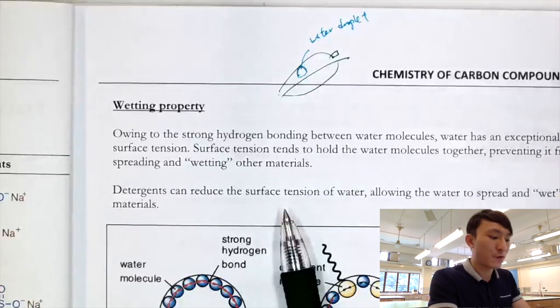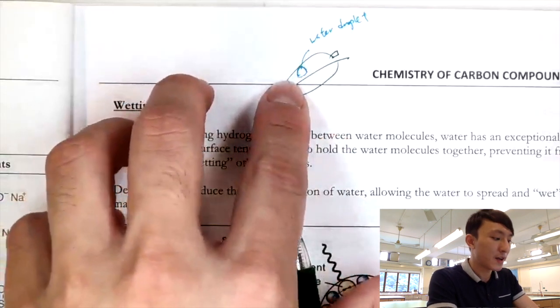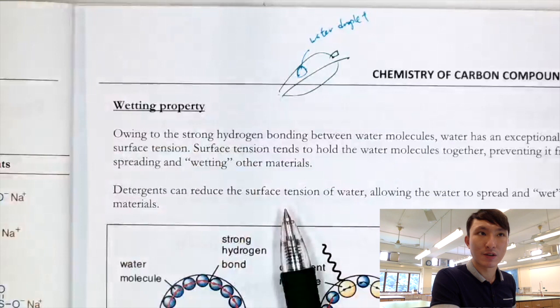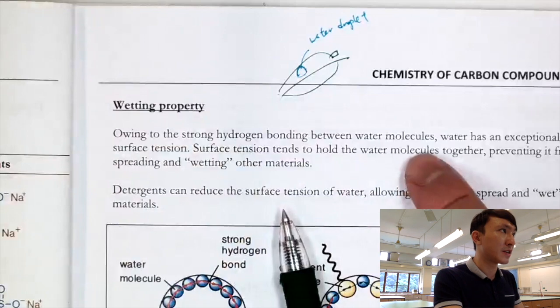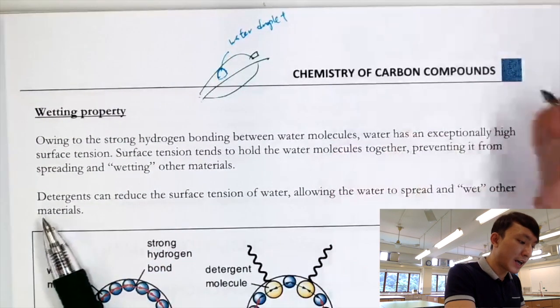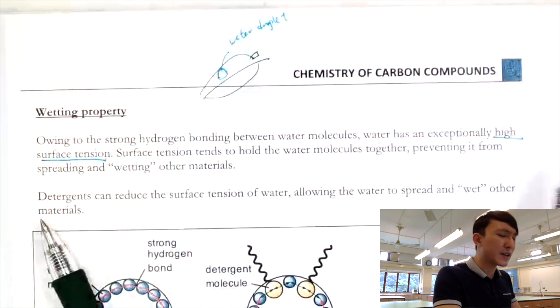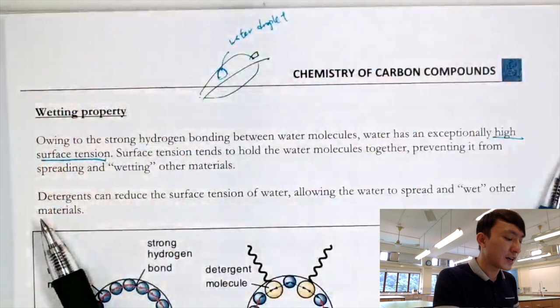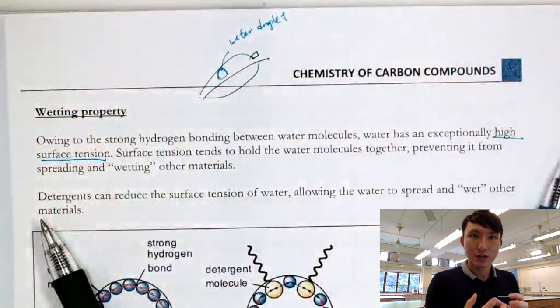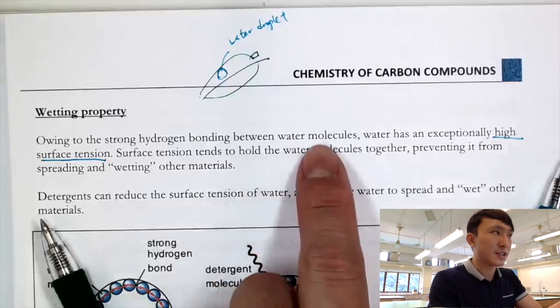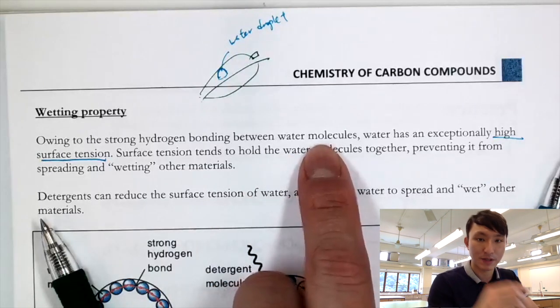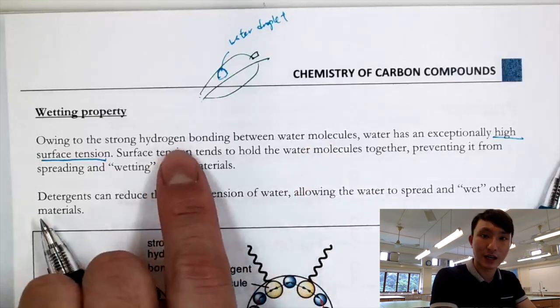The reason why it forms a little ball, a little sphere, is because of something called surface tension. Water is known to have a very high surface tension. You can understand surface tension as a tendency to have the molecules join together, not willing to separate. Water has a very strong surface tension because of its extensive and strong hydrogen bonds.